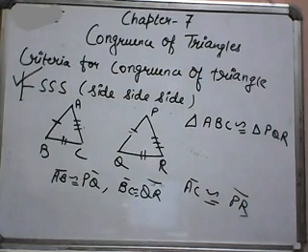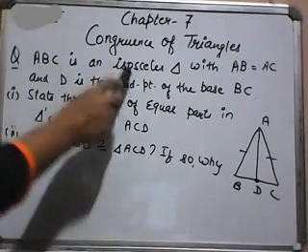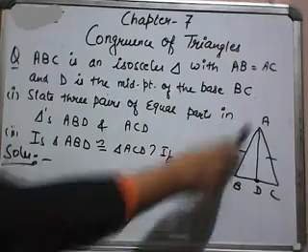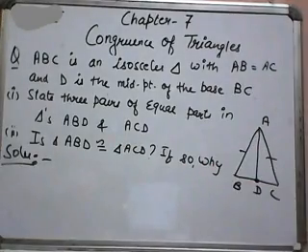Let's do some questions based on side criteria. In this question, triangle ABC is an isosceles triangle with AB side equal to AC side. Isosceles triangle means in which two sides are equal to each other. And D is the midpoint of base BC.